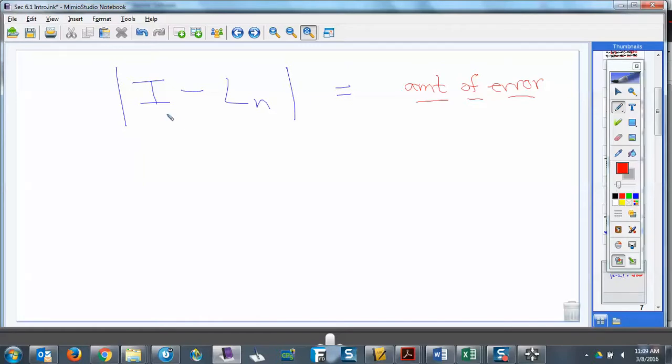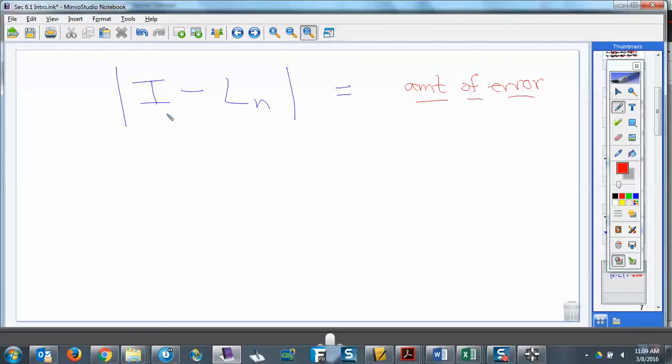Now, what do the bars do? Yeah, they're absolute value, but what does that do? Makes it positive. Why would we put that there? In case it's over. If this is an over approximation, what would happen when you subtract here? You get a negative. If it's under, you'll get positive, right?